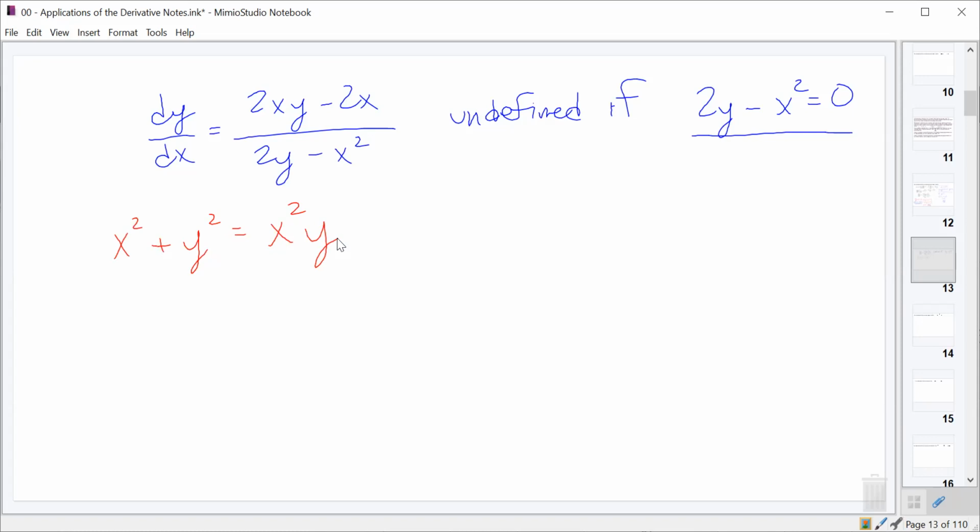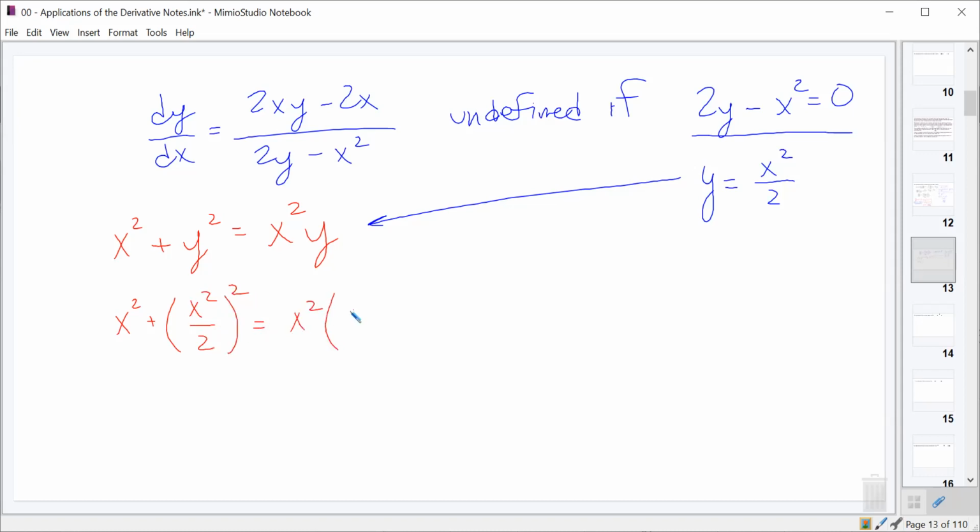So if we take our equation over here on the right, 2y minus x squared equals 0, and solve for y, we end up with y equals x squared over 2. We can just go ahead and plug that straight in to our original equation and solve for x. So we'll have x squared plus, now since y is x squared over 2, we'll replace that with x squared over 2 squared. And then we've got x squared times another x squared over 2.